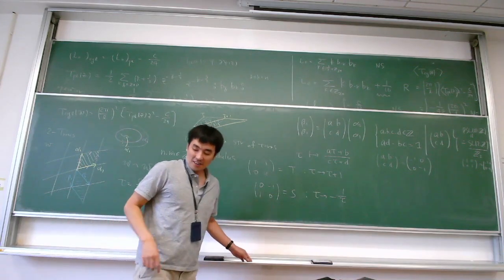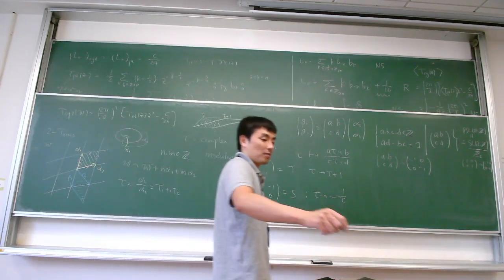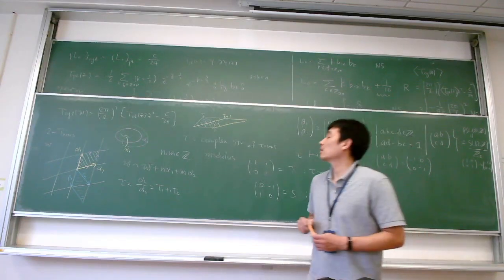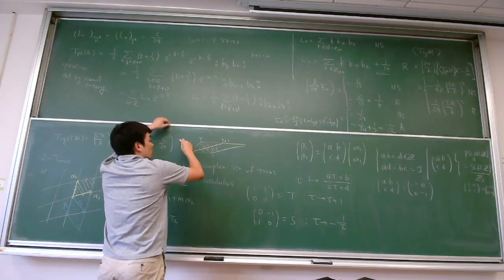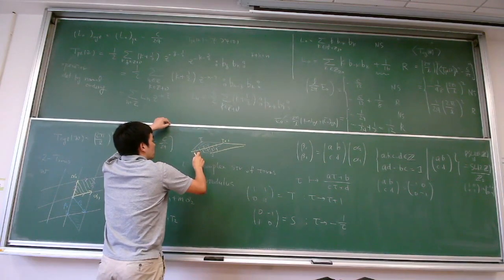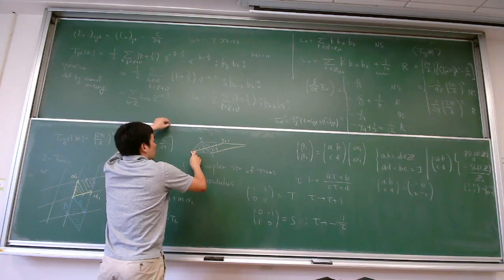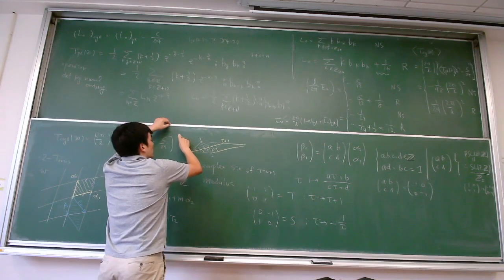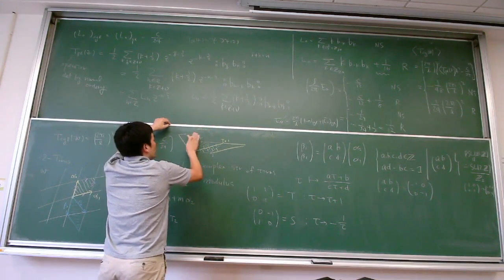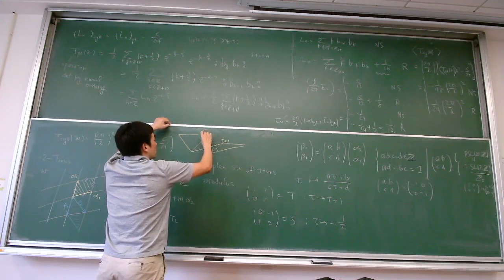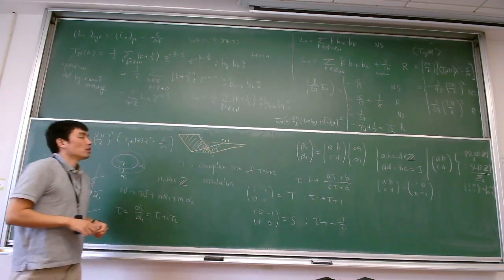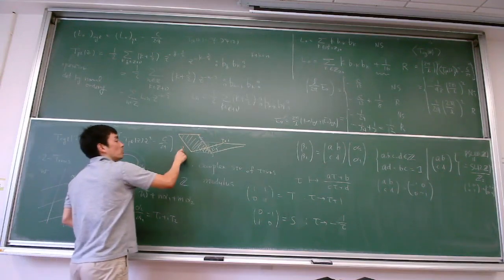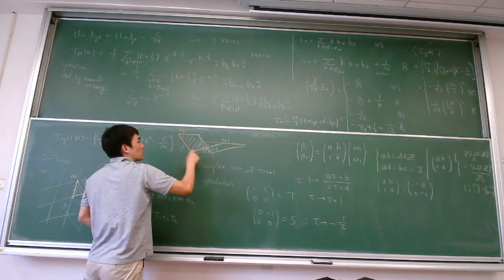It depends on tau, but it becomes something like that, depending on how you take it. So this is the S transformation, and this is the T transformation.